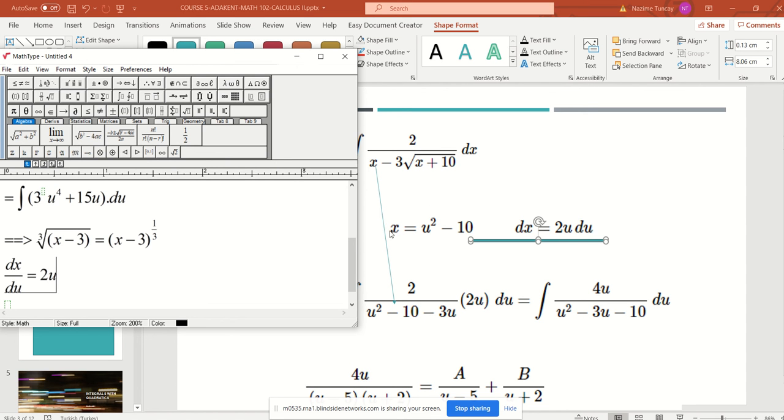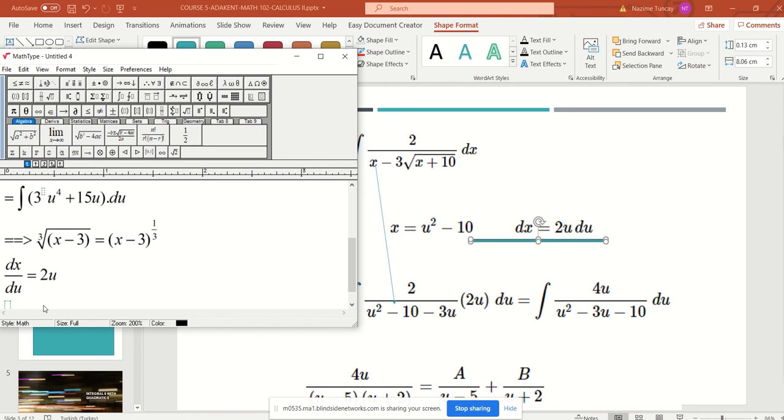So I am going to take the derivative of this one according to x. I have a function x, written as u square minus 10, and I take the derivative of both sides. The derivative of this function will be 2u.